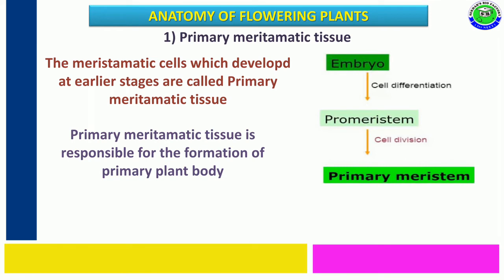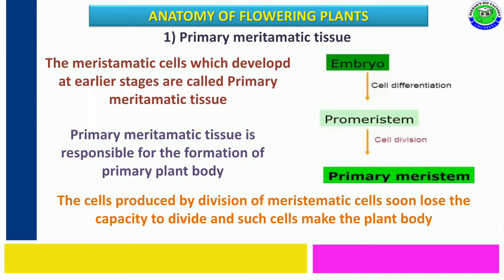The primary meristematic tissue is responsible for the formation of the initial or primary plant body. The cells of primary meristematic tissue divide continuously, but sometimes the newly formed cells soon lose the capacity of division, and these cells that make up the plant body become permanent cells.